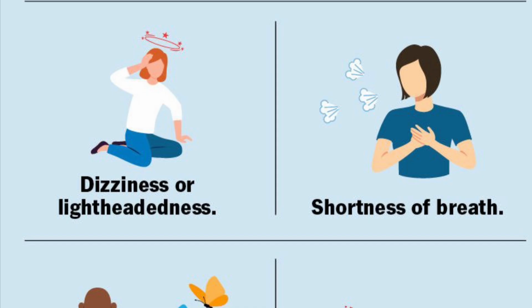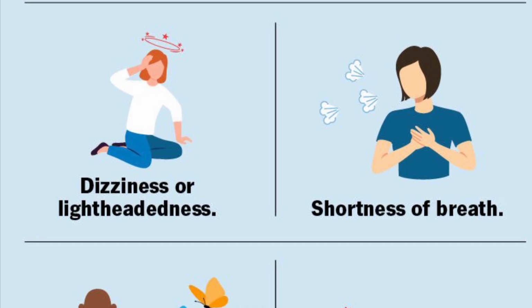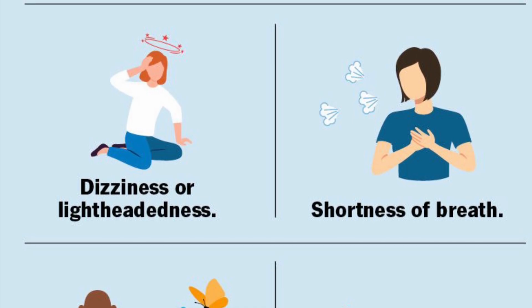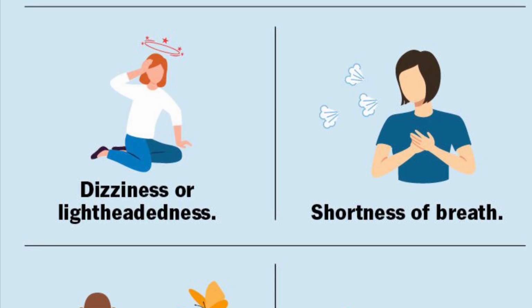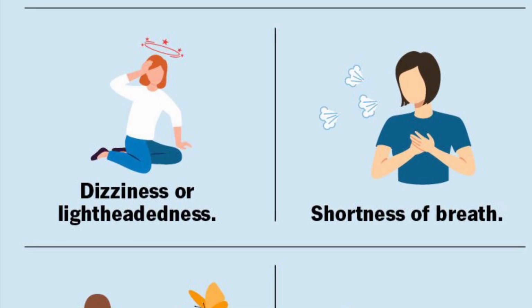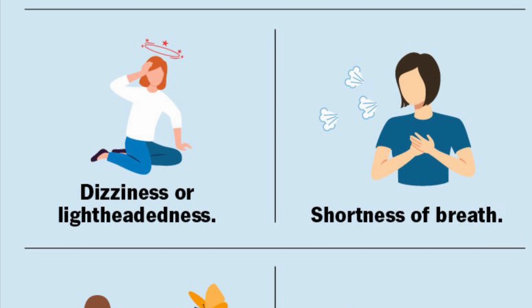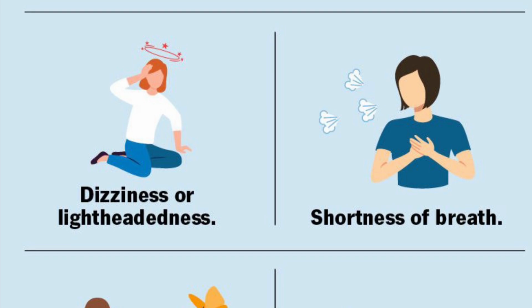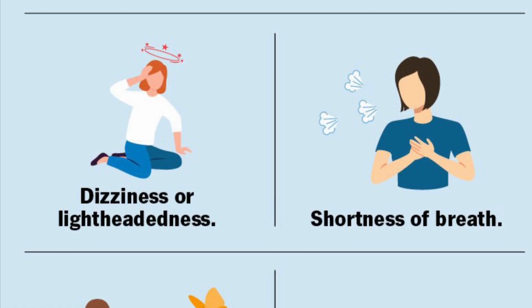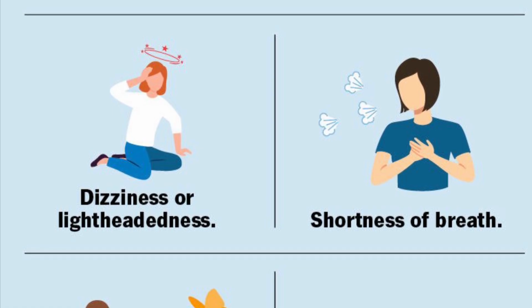All right, so we said meds, going back to the telemetry, treat heart rate as needed. We said earlier there may be an issue with bradycardia, so we would treat that accordingly.